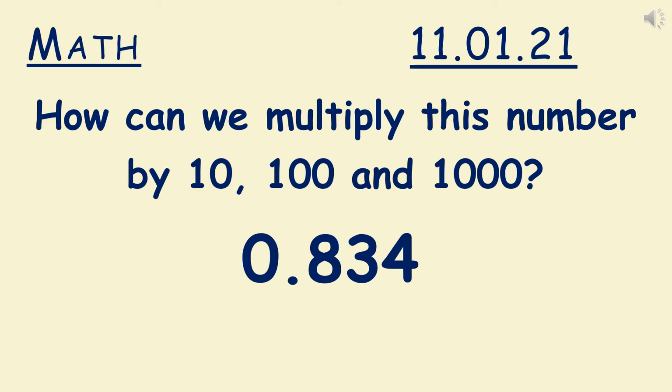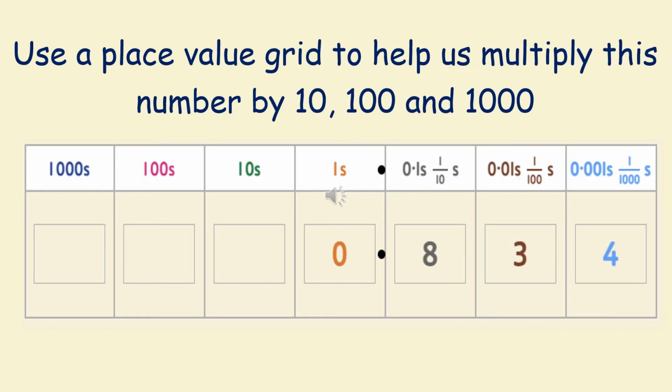How can we multiply this number by 10, 100 and 1000? So again, we're going to be using a place value grid to help us multiply this number by 10, 100 and 1000. Your starting point is always to make sure that this number starts in the correct place value.